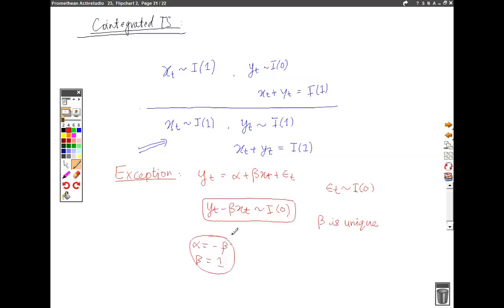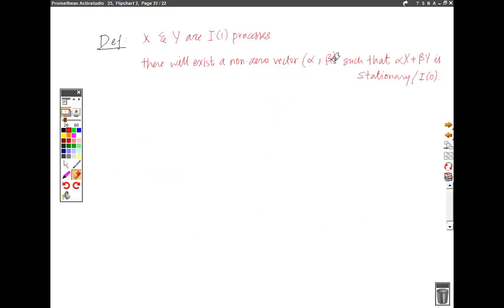There is some confusion with beta here, but you know what I mean. Those alpha and beta form the vector that you care about, and that vector is known as the co-integrating vector.